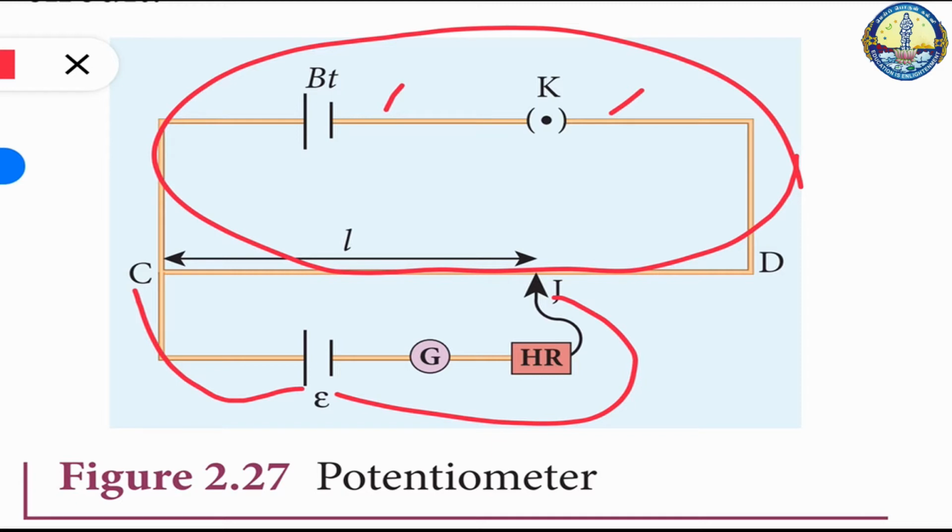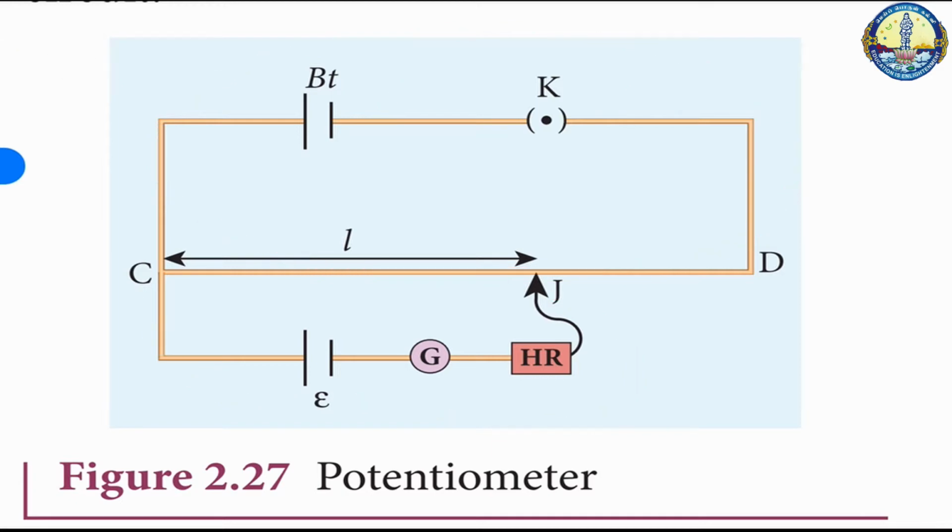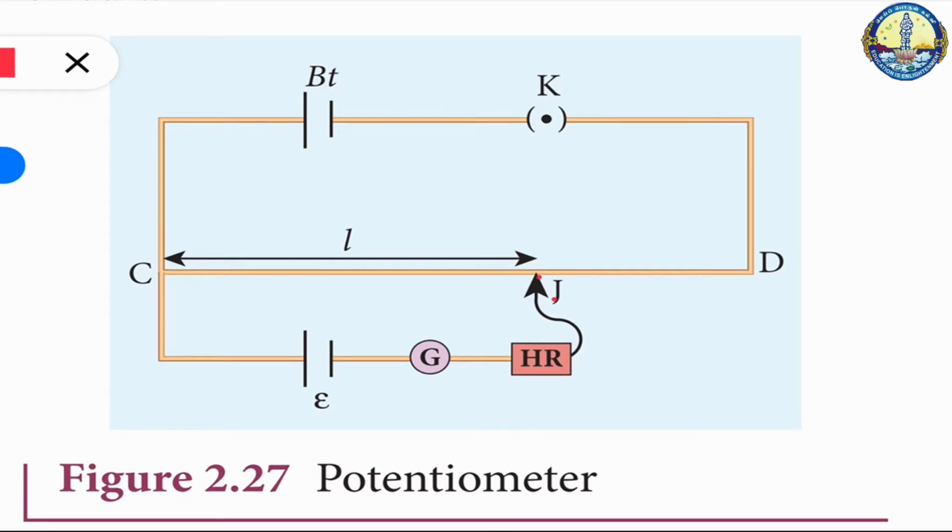Let contact be made by the jockey J at the length L. So we can adjust the length to show the galvanometer zero deflection. If the jockey is kept here at length L, the galvanometer shows zero deflection.